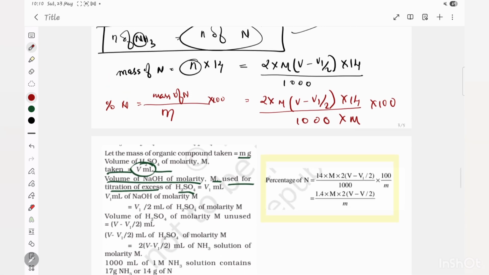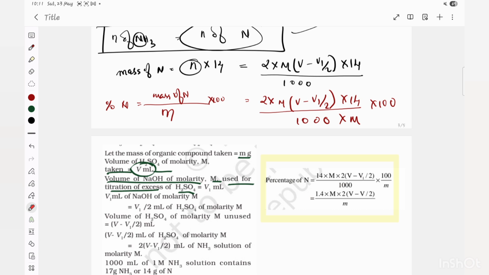Yes or no? This is the equation NCERT is giving: 14 into molarity into 2 into V minus V1 by 2 into 100 by m, by 1000. See, if you know this concept, you don't have to mug it up. Just n equivalent of this is equal to n equivalent of that.